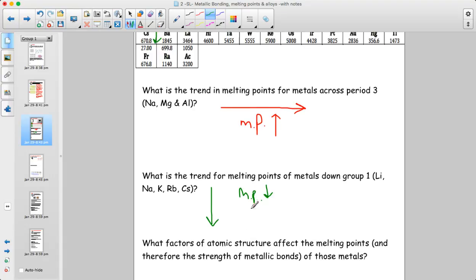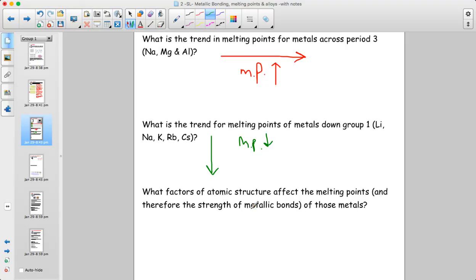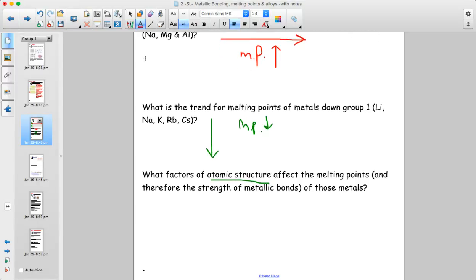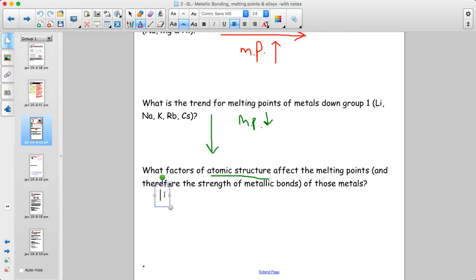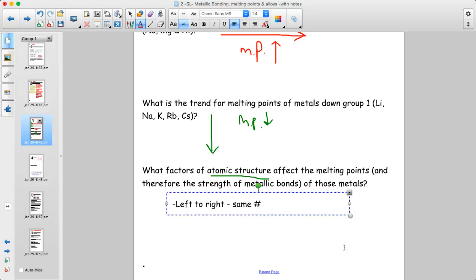Okay. So in terms of atomic structure, we should be aware of what's happening to atoms as we look across the periodic table or down the periodic table. That was from our last chapter. As we go left to right, we have the same number of principal energy levels, but increasing protons.